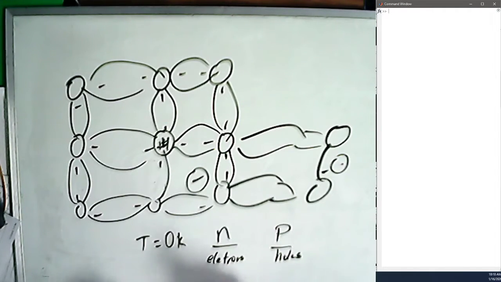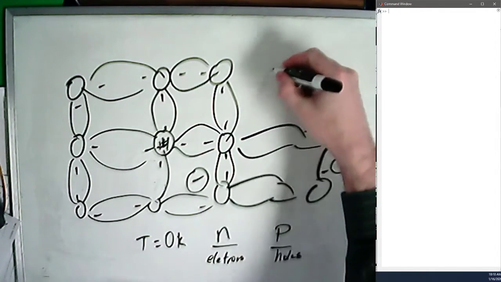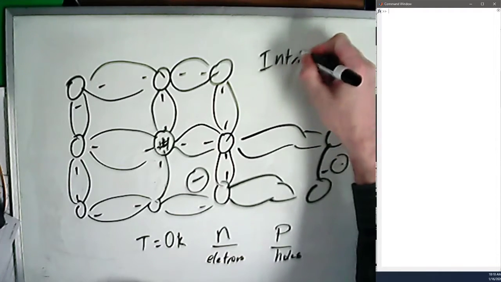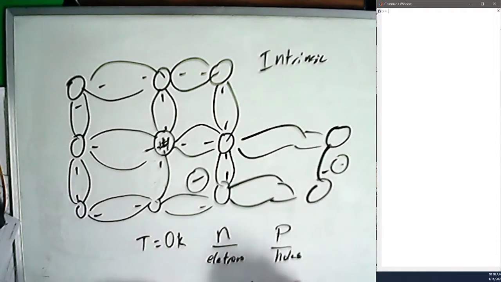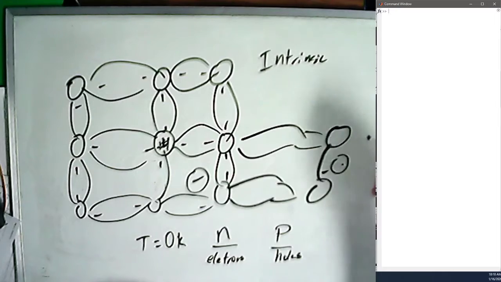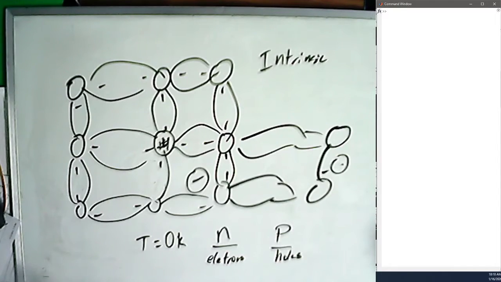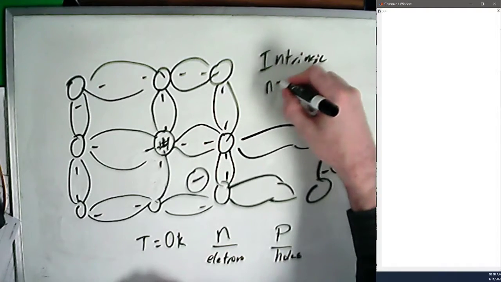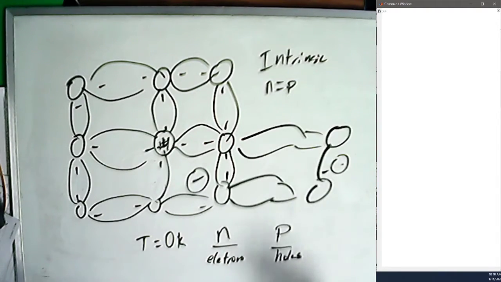And so we should have an intrinsic, so intrinsic is a big word. An intrinsic silicon. Intrinsic means no impurities, perfectly latticed. It just looks beautiful. In an intrinsic silicon, n should equal p. In other words, the number of electrons that have popped out are the number of holes that are floating around in there or that want to be in there.